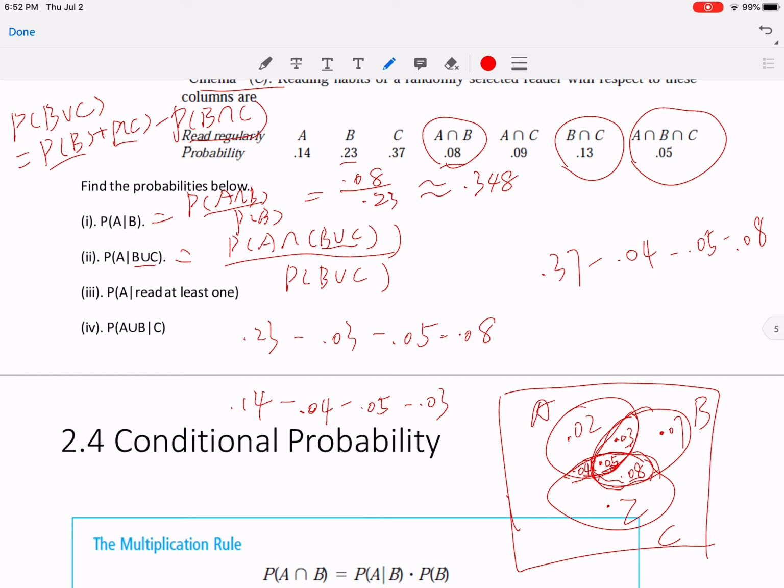We can find out the probability that is asked over here. Let me clean this here.